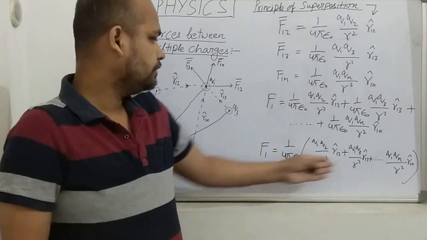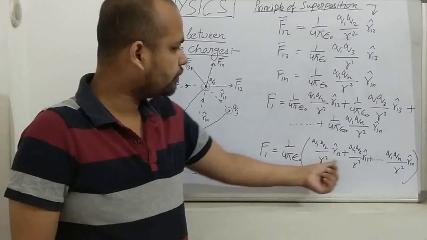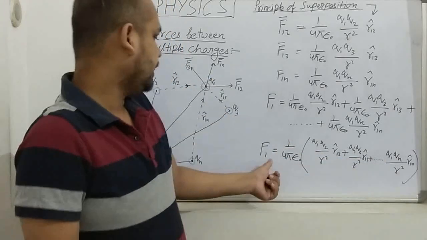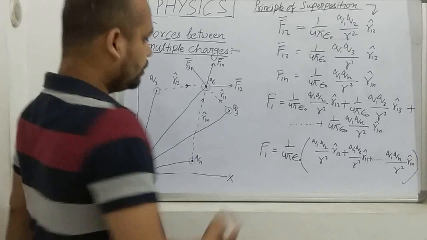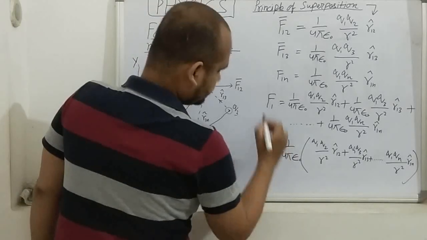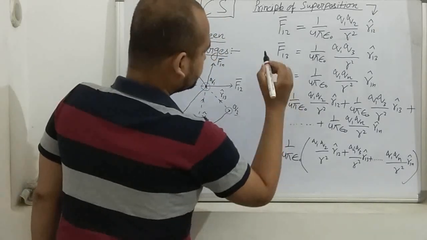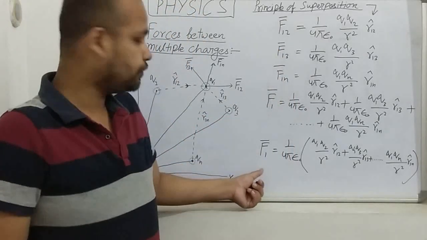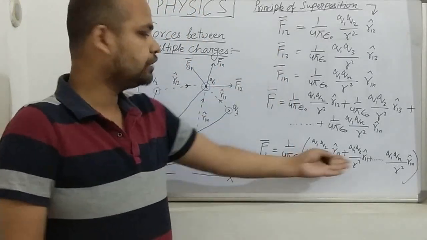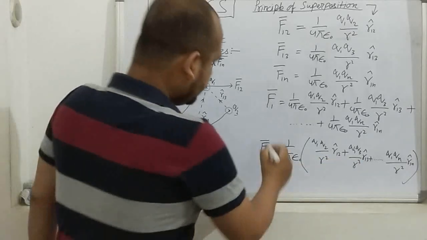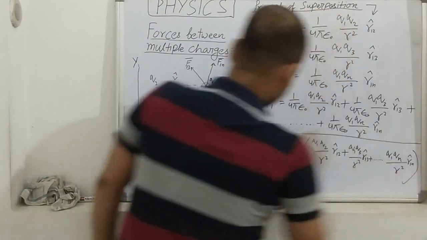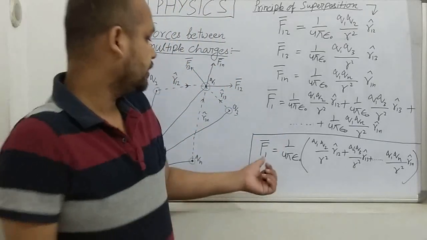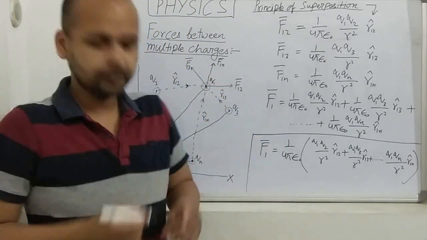Finally, we have got the vector sum of all the individual forces which were acting on Q1, and that is the net force F1 on Q1.